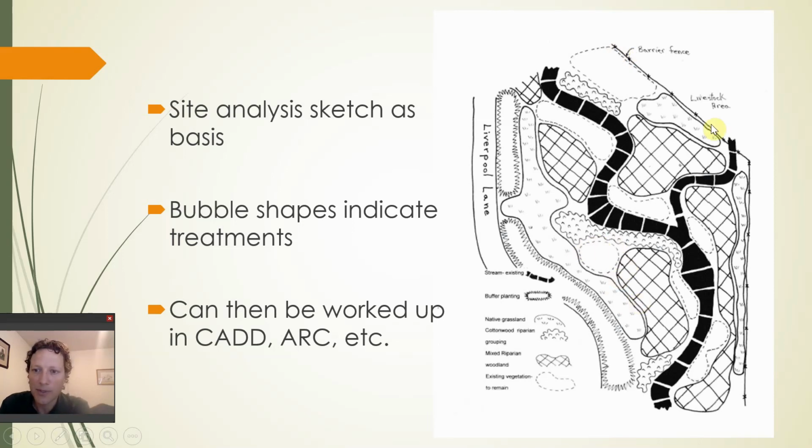What you're doing is putting bubbles around the approximation of treatment areas, and you're coding it such that your consultant, your GIS expert, whoever's going to produce the conceptual design has something to work with, has something to get them started. Now this type of bubble map can then be worked up in CAD or ArcGIS or QGIS or whatever program you use to create maps.